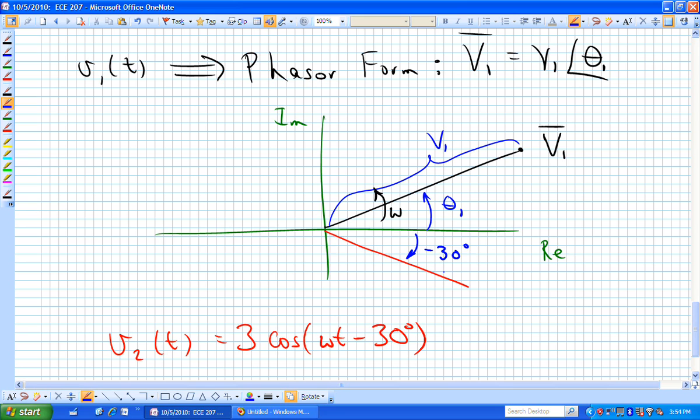It's now this minus 30 degrees, and this length is 3, meaning this particular vector is v sub 2, or phasor, which has a magnitude of v sub 2 at an angle of minus 30 degrees.